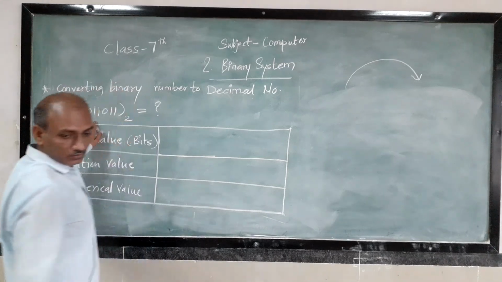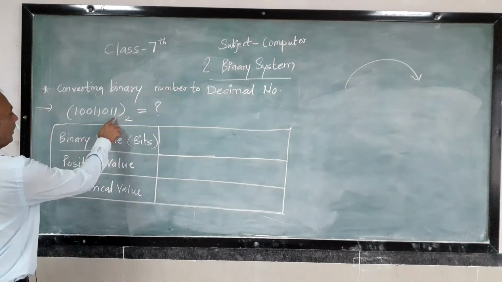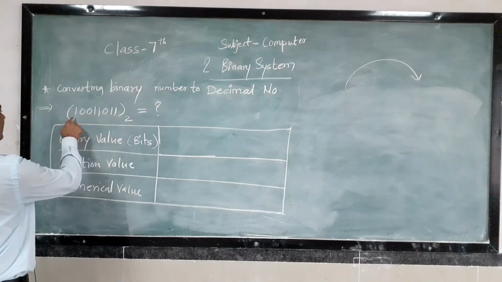Now here, what do you do? 1, 2, 3, 4, 5, 6, 7, 8.